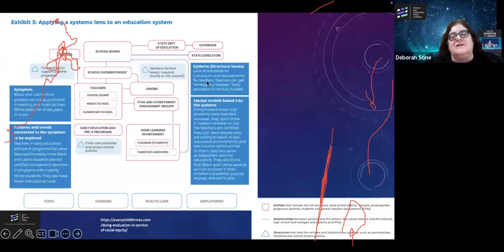Then going to these other systems issues and looking at some of the mental models. So the mental model in this case is that policymakers know that students need a teacher, but they don't think it matters whether or not teachers are certified, but the data in this case indicate that it does matter if teachers are certified.